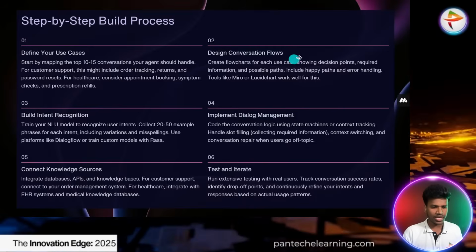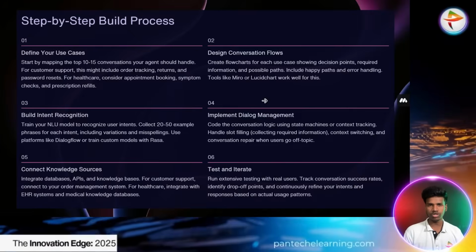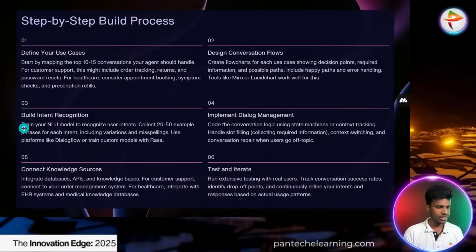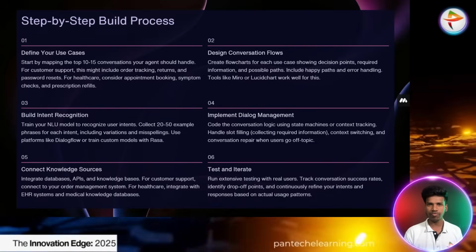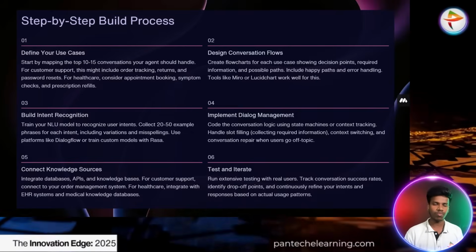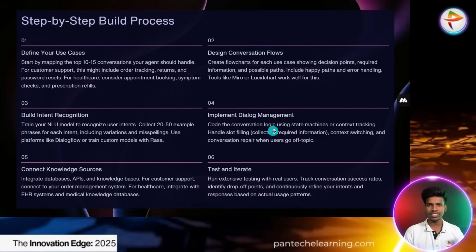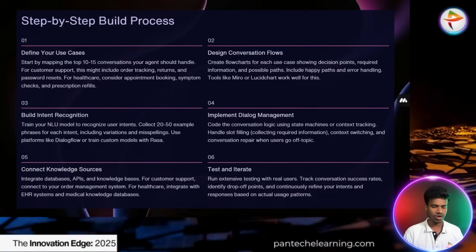Next, design the conversation flow. We make a design with one node and create the workflow for every condition. Then build intent recognition, meaning we build a model with the help of the LLM to generate answers for user support. Implement dialogue management so they understand the dialogue of the user's query and search the answer from the particular knowledge base.